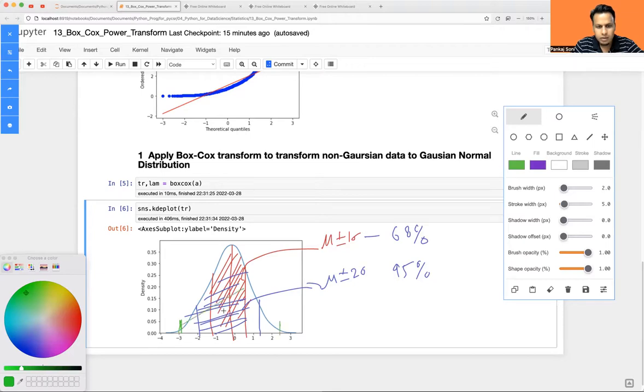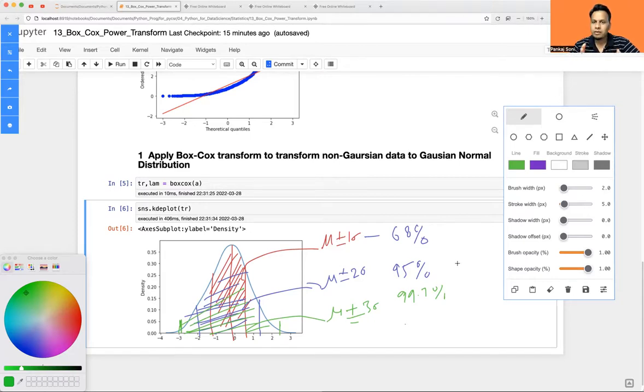Whatever data you have here, because now we know the empirical rule of Gaussian normal distribution, with the help of this I can tell my 99.7% data falls between mu plus minus 3 sigma. And that is the beauty of Box-Cox transform. It is going to transform the given data, which is not Gaussian normal, into Gaussian normal.